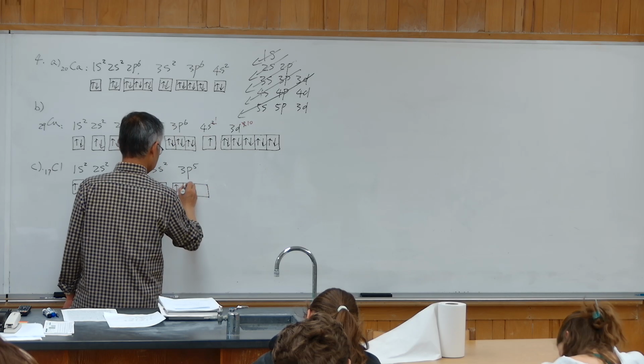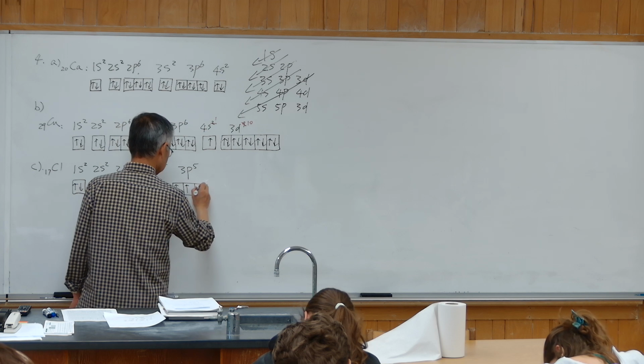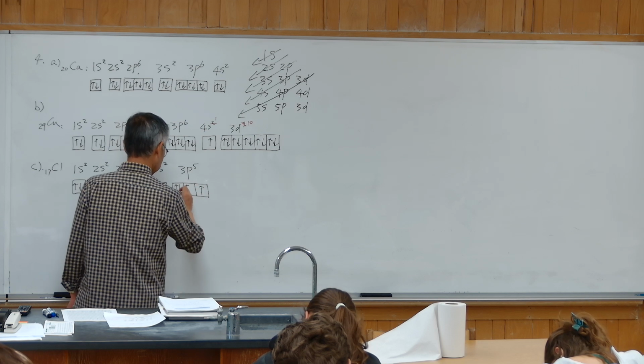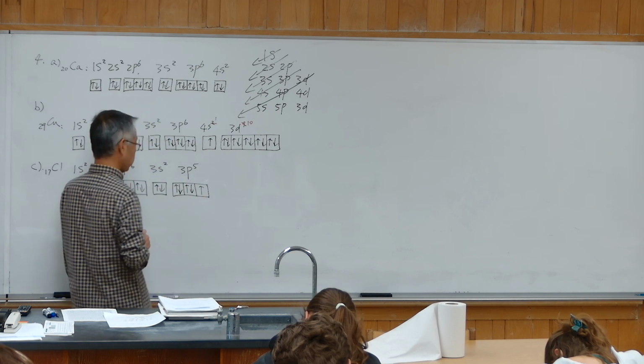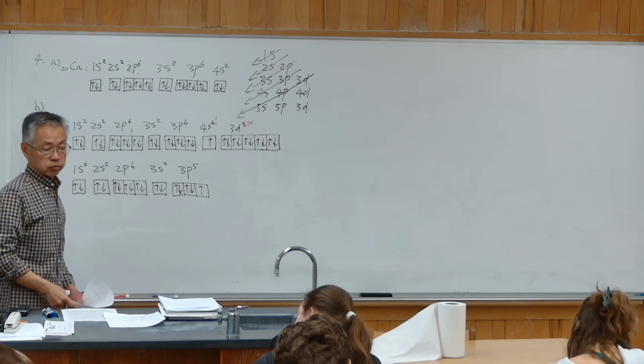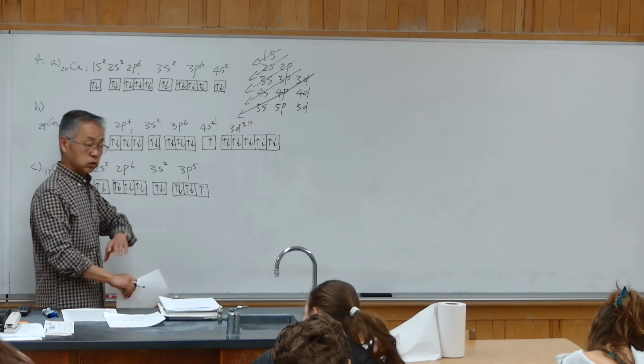Place 1 in each orbital first, then you need to pair 2 of these orbitals, leaving 1 orbital unpaired.